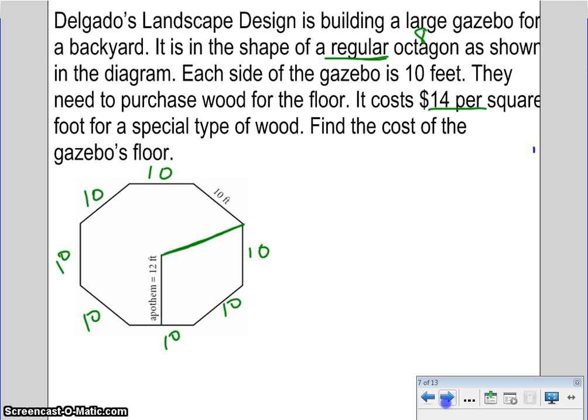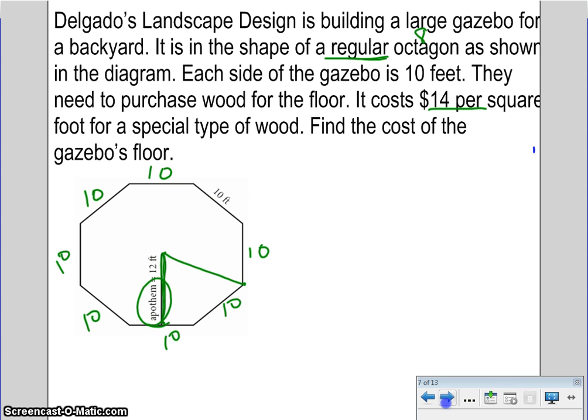And in order to find the area of a shape like this, we're going to use what's known as our apothem. The difference between an apothem and a radius: the radius goes from the center to a vertex, which is one of the corners that the octagon creates, whereas an apothem comes from the center straight down to the middle of one of the sides of the octagon.